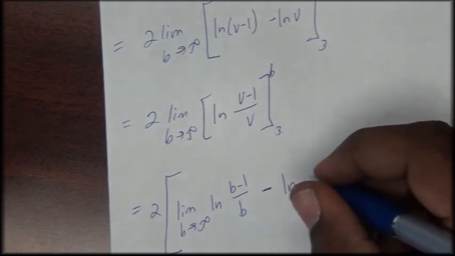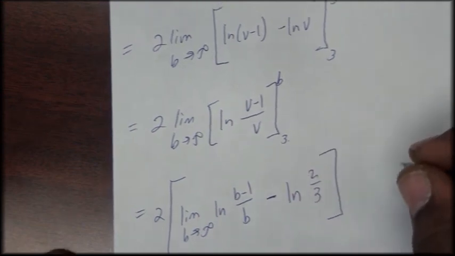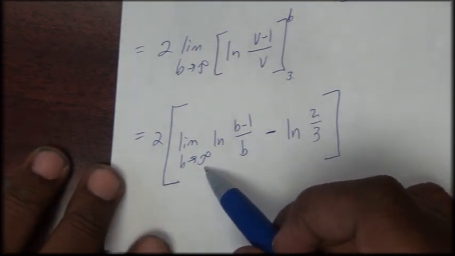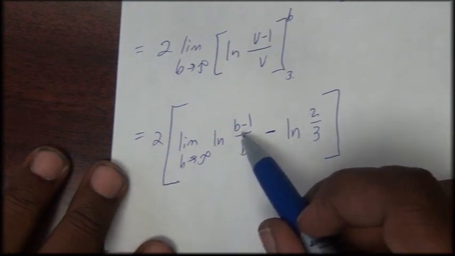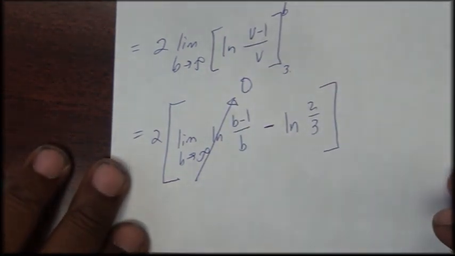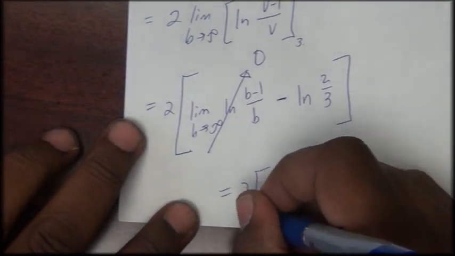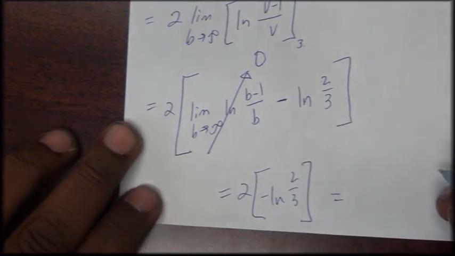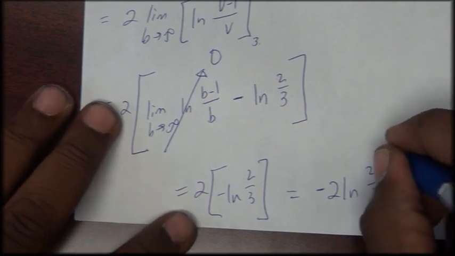So we have the natural log of 2/3. If we evaluate the limit as b approaches infinity of the natural log of b minus 1 over b, we see that the limit is 0. So we have 2 times negative natural log of 2/3. So our final result is negative 2 times the natural log of 2/3.